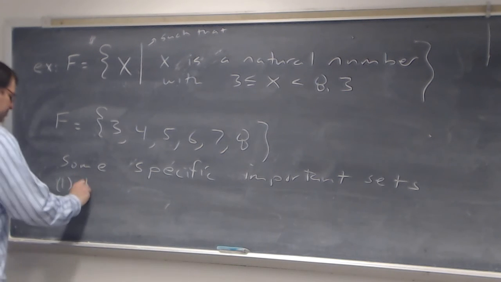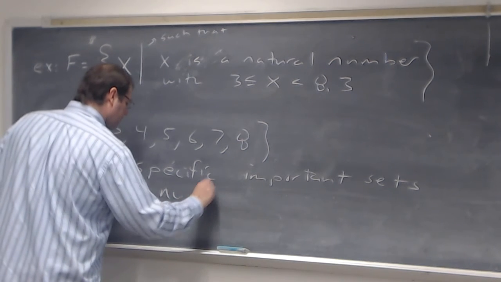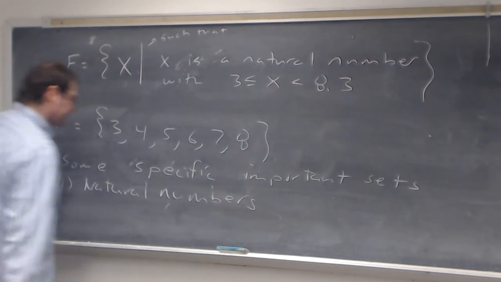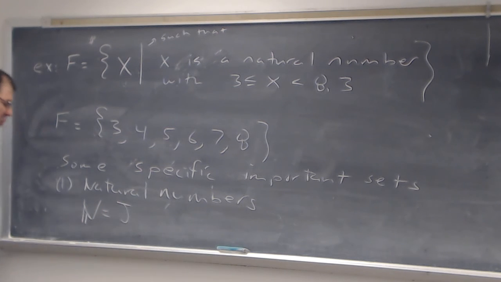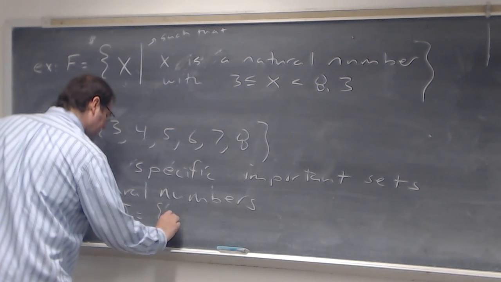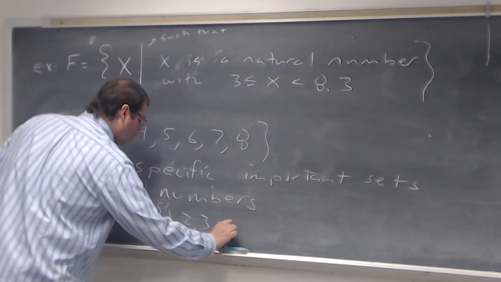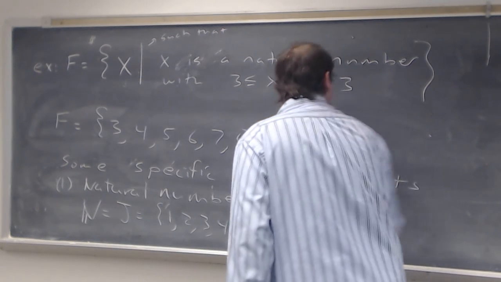One is the natural numbers. So the set of natural numbers are often represented by N. Our textbook represents them by J. And what that's equal to is the set of numbers 1, 2, 3, 4, and forever in this way.